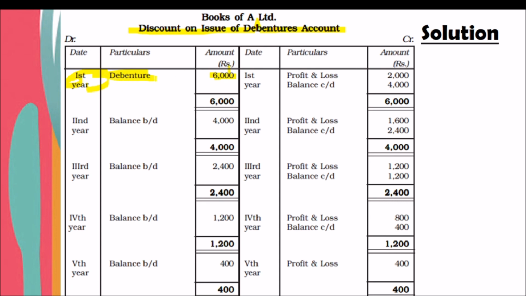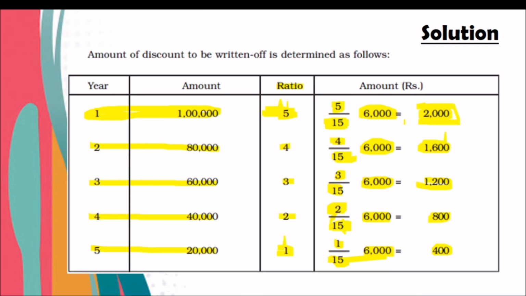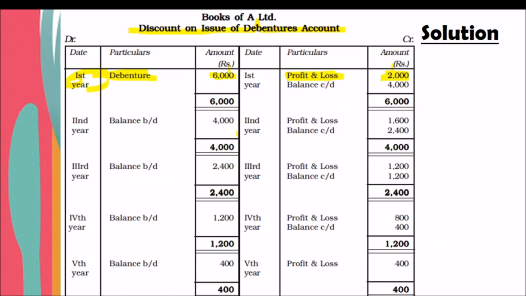So to debentures 6,000, and the amount transferred to profit and loss that year is 2,000. From the table this amount will be taken. The balance available after writing off 2,000 is 4,000. Balance carried down 4,000, total 6,000. That balance is brought down for the next year, 4,000.